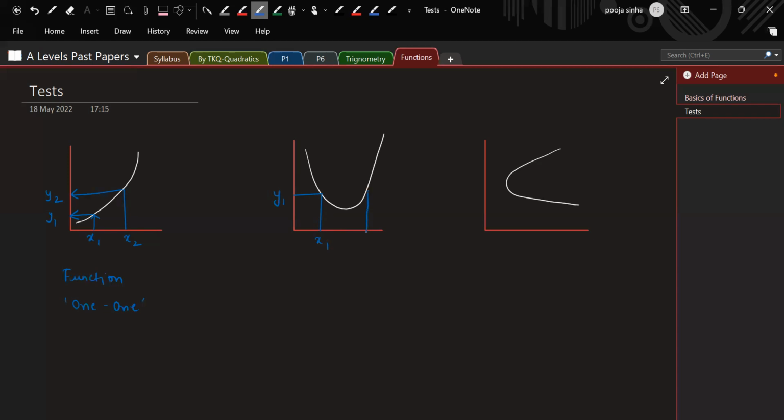Here I'm going for x2, but if you actually see, I'm getting the same value of y1 here. So this is many-to-one. It's also a function, still qualified to be a function, but it is not one-to-one. It is called a many-to-one function.